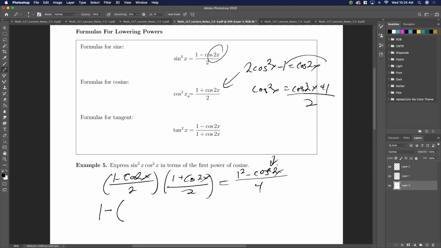So cosine squared of 2x will be 1 plus the cosine of 4x. Because here, if I already have the 2, I need to put another 2 in here. Divided by 2, all divided by 4.